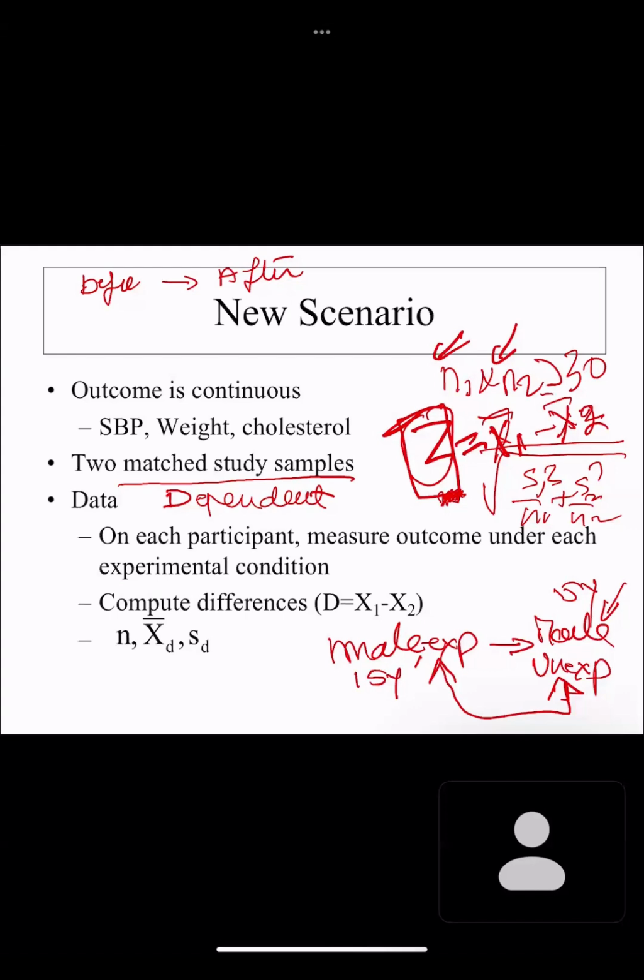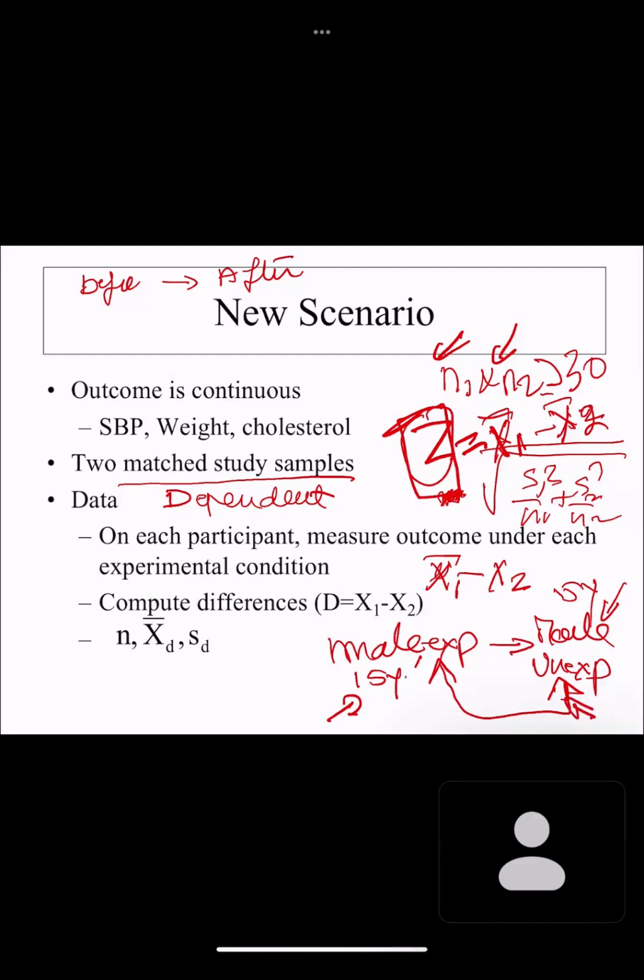We don't compute a mean difference, we don't compute X bar 1 minus X bar 2. We compute the mean of the differences. So for everyone, I find the difference between time 1 and time 2, between this male and this male, and then I average the differences.